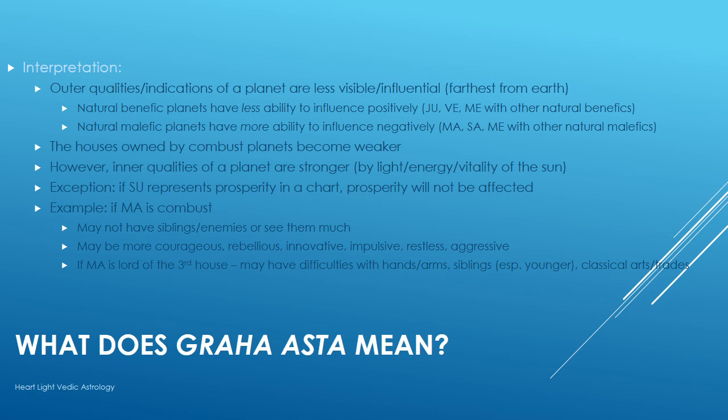And let's just say Mars was lord of the third house in somebody's chart. That would be a Virgo lagna or an Aquarius lagna. I believe, let me count backwards here. In Aquarius lagna, the third house would be Aries, ruled by Mars.